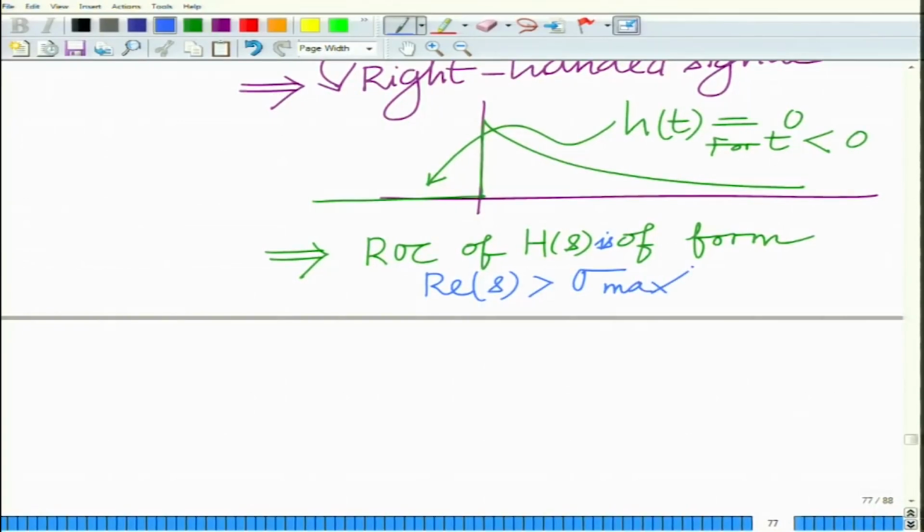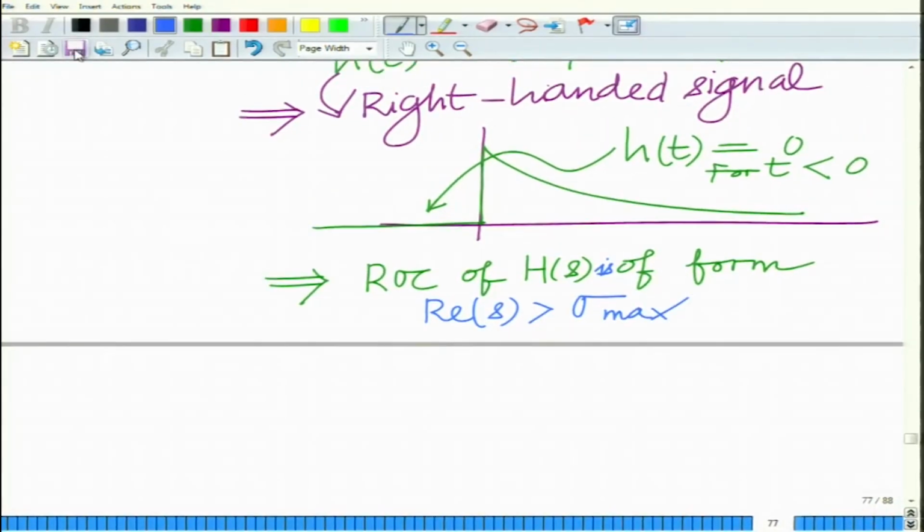Remember, this follows from the properties of the ROC: since the LTI system is causal, the impulse response is zero for t less than 0, which implies that it is a right handed signal, and therefore the ROC of H(s), the Laplace transform of h(t), must be of the form real part of s greater than sigma max.